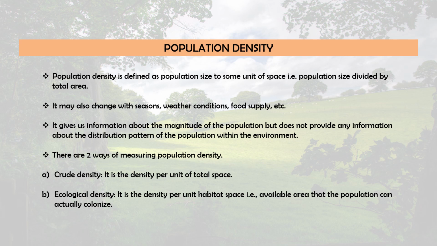The effect that a population exerts on the community and the ecosystem depends not only on what kind of organisms are involved, but also on external factors and the population size. It is generally assessed and expressed as the number of individuals or population biomass per unit area or volume.